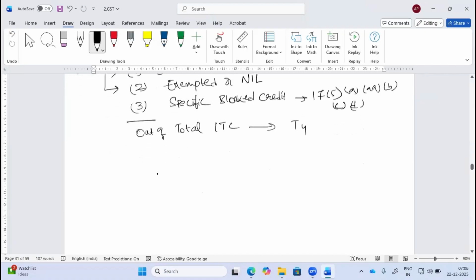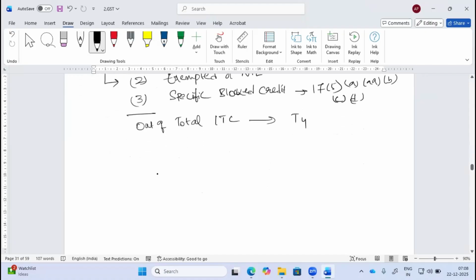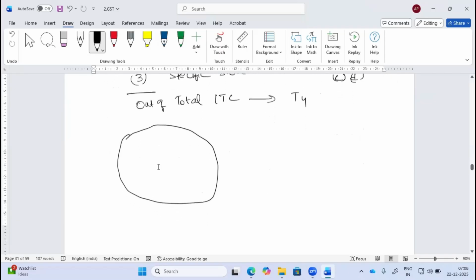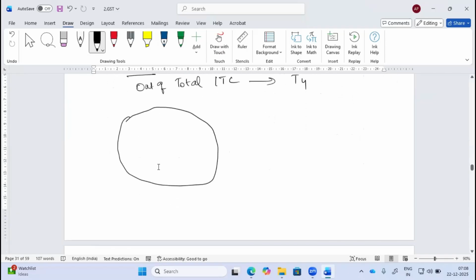So here, to summarize, if you happen to visualize this diagram, this particular diagram happens to be my total input tax credit. Out of this total input tax credit, there is some portion which is called as T1, which is your other than business. That I should not avail. There is some portion which is exempted, T2, that also should not be eligible.